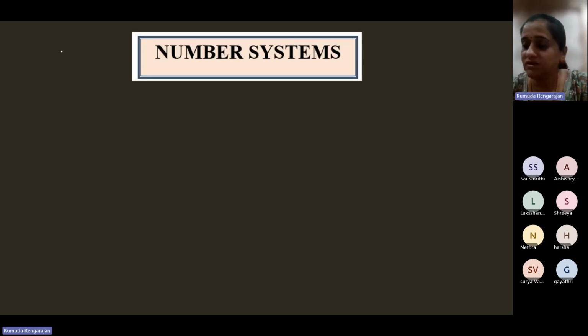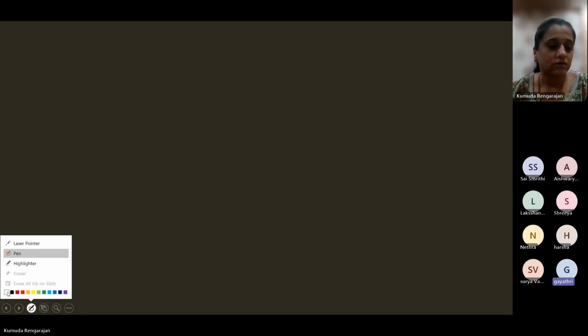So number systems is the first chapter in your NCERT math textbook, and we'll be getting started with this chapter. Before we take up problems to solve from this chapter, we need to have a small introduction regarding the terms we'll be using in this chapter.